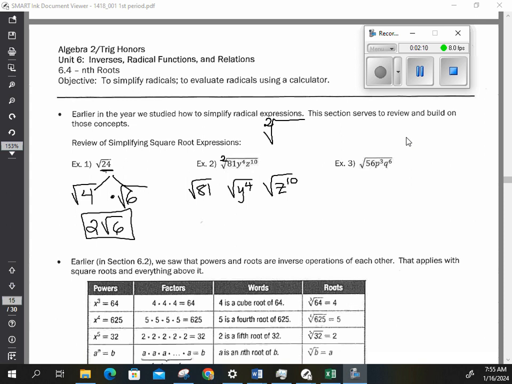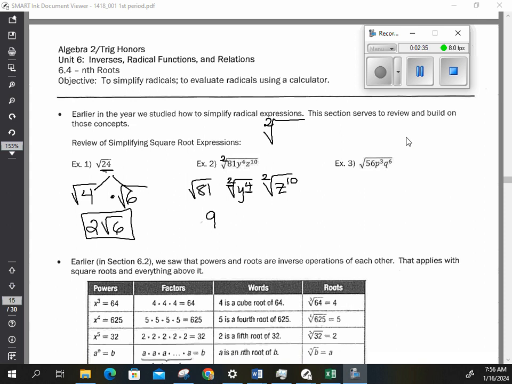Square root of 81, that's a perfect square. That's easy enough. That's 9. To deal with variables, you use that understood 2 that's outside. So what you do is you take the exponent that's inside the radical and you divide it by that index.